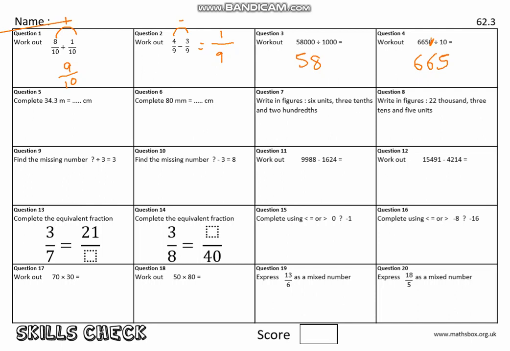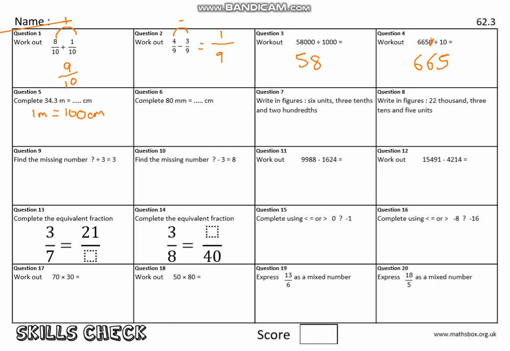Next one says, complete 34.3 metres into centimetres. So, as I've told you, 1 metre equals 100 centimetres. So if 1 metre equals 100 centimetres, I've got 34.3 metres.